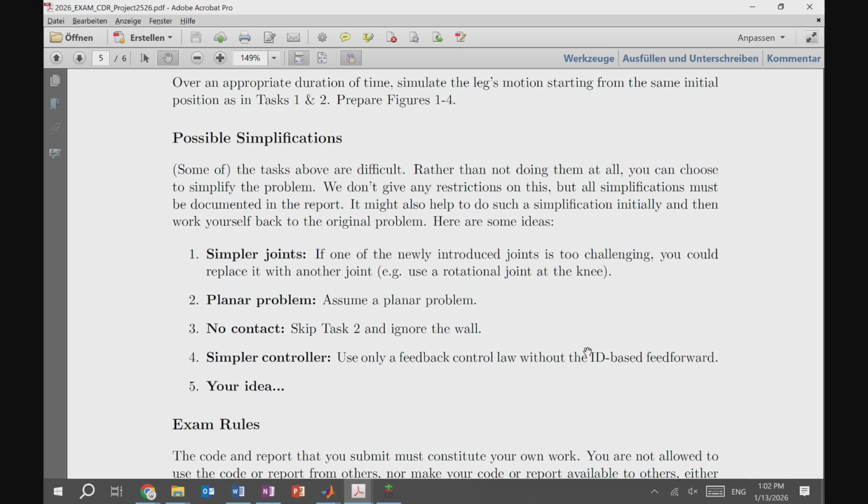And if you say the contact is too difficult, skip task 2 and first do the other tasks. If you can't figure out the inverse dynamics controller, just use PD, right? And then either do this first and try to build up to something more difficult, or if you never get there, that's okay as well, but then mention it in your report.